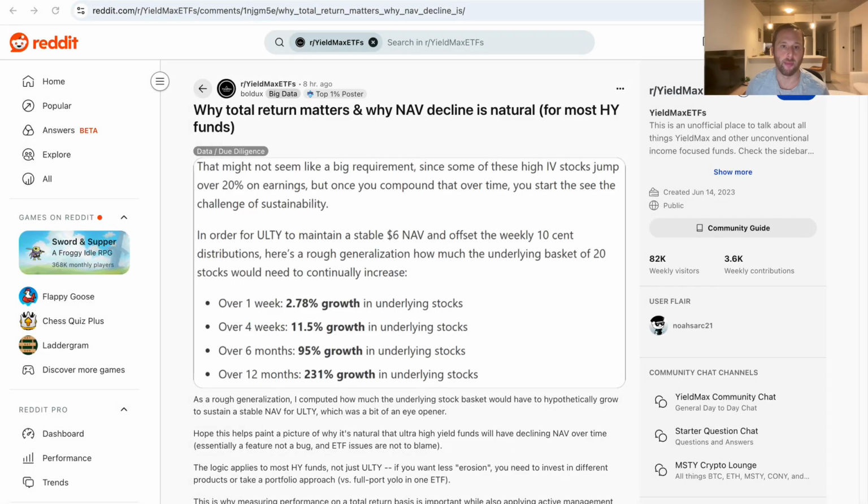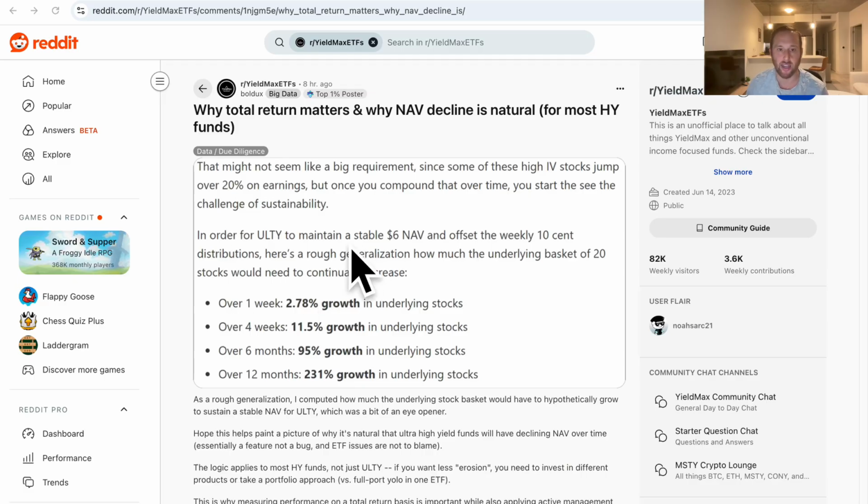Another great example is this study that was found on Reddit, where if you invested in ULTY to maintain a stable $6 NAV and offset the weekly 10-cent distribution, this is how much the underlying basket of assets would need to continually increase every single week, month, or 6 months.